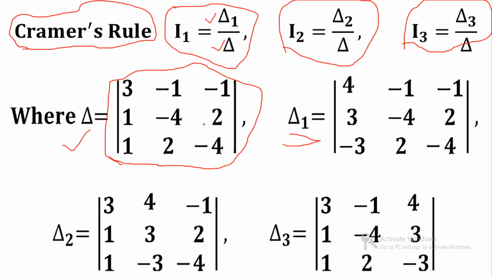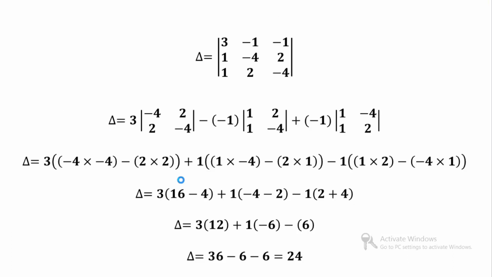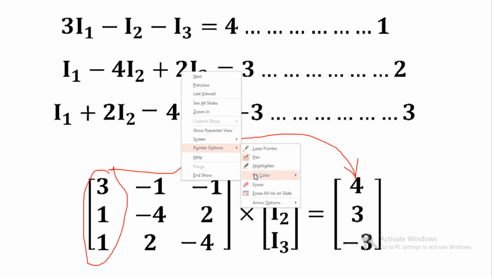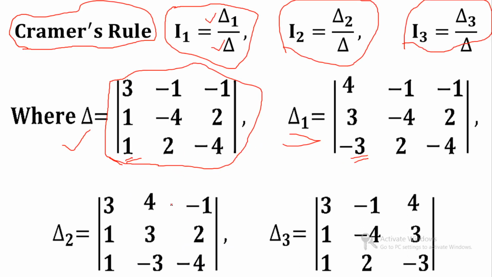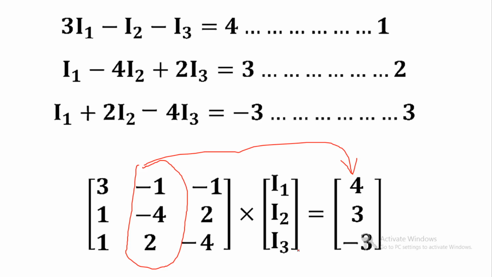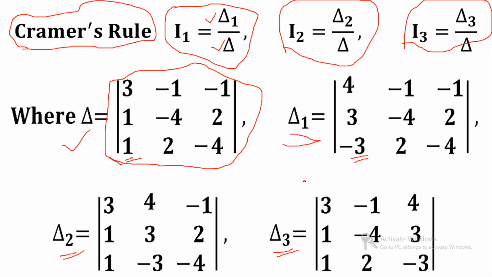For delta 2, you have to replace the second column with this column. So that is your delta 2. And for delta 3 you have to replace the third column with this column. So this is the way to write down delta, delta 1, delta 2 and delta 3.